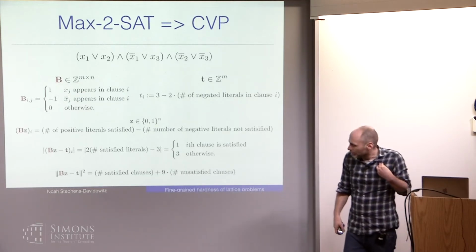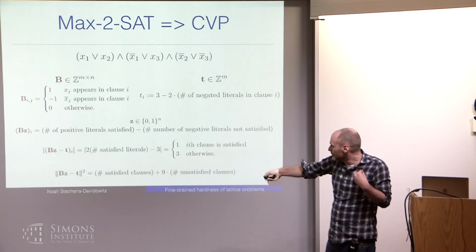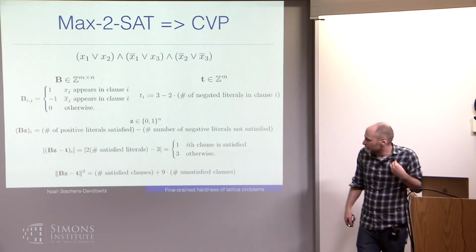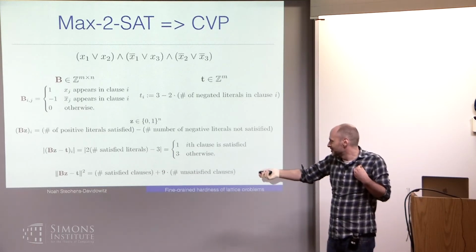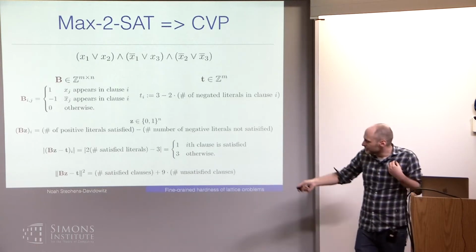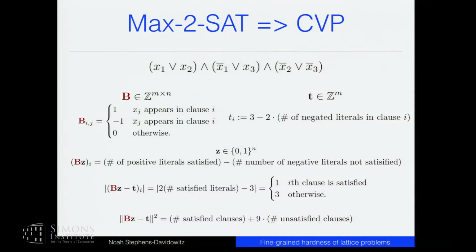Okay. So if you combine all the coordinates together, you'll see that the squared norm, it's always easier to write the squared norm, is equal to the number of satisfied clauses plus 9 times the number of unsatisfied clauses. So in particular, the vector is closer if the assignment is more satisfying.